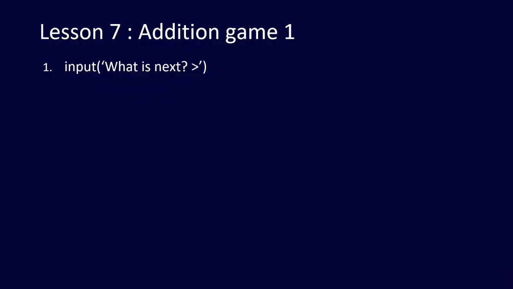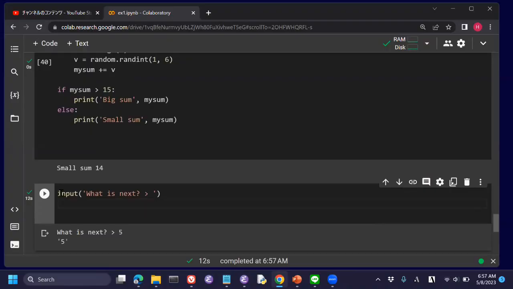So let's check the data type. If you assign the inputted value into imp, you can get it. And then in the next statement, check the type by print type imp. So it will print the type of imp.